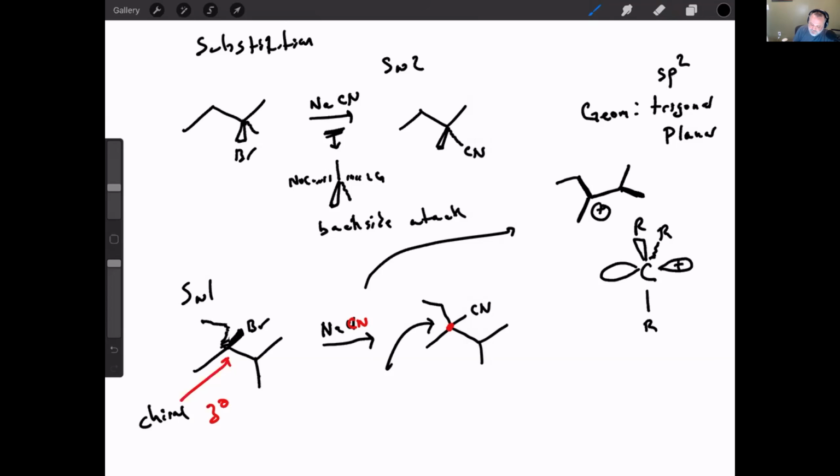This is that positively charged cation. I'm not saying that the orbital is charged, but that's where the nucleophile will approach. It can approach from this side, or from that side.